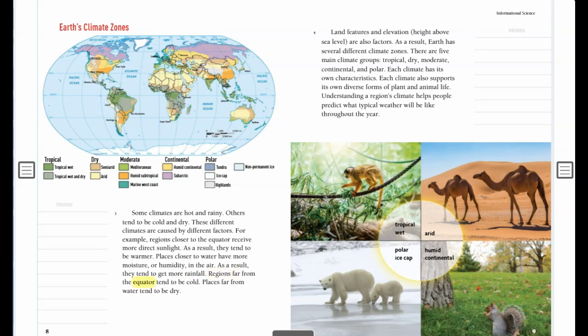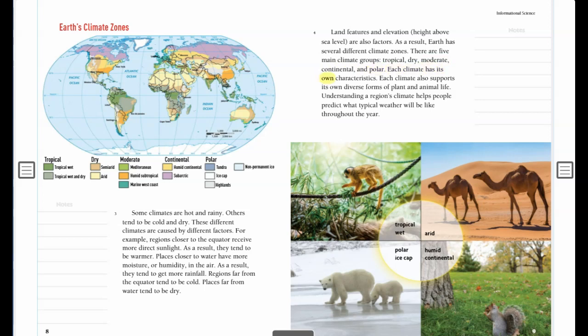Regions far from the equator tend to be cold. Places far from water tend to be dry. Land features and elevation, height above sea level, are also factors. As a result, Earth has several different climate zones. There are 5 main climate groups: tropical, dry, moderate, continental, and polar.